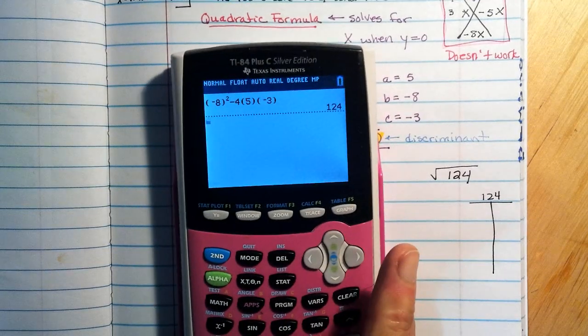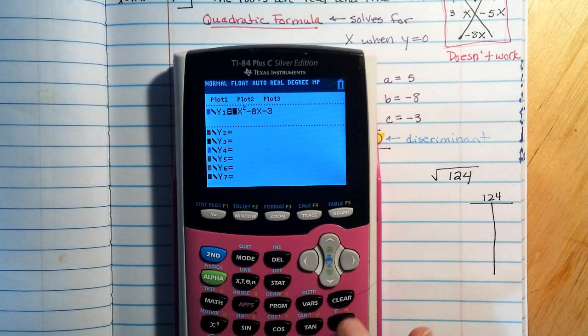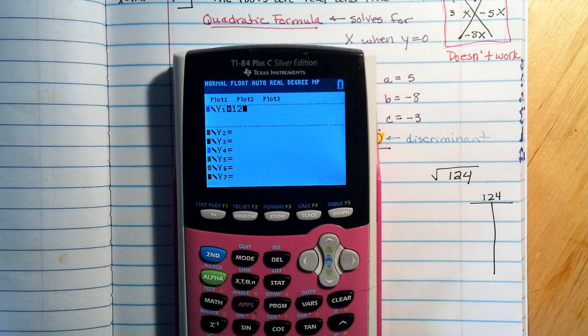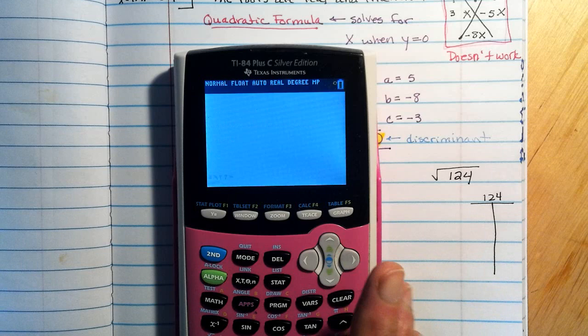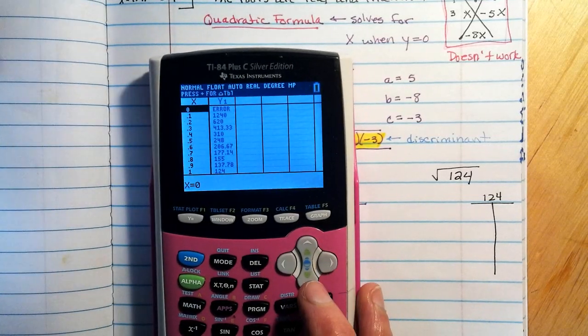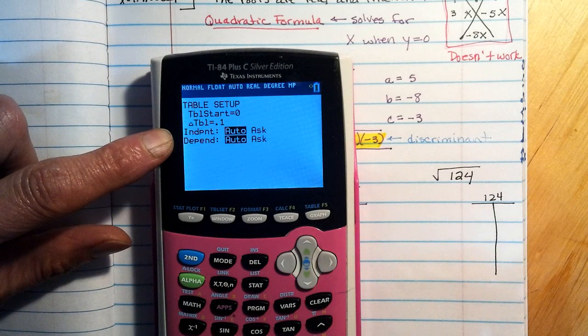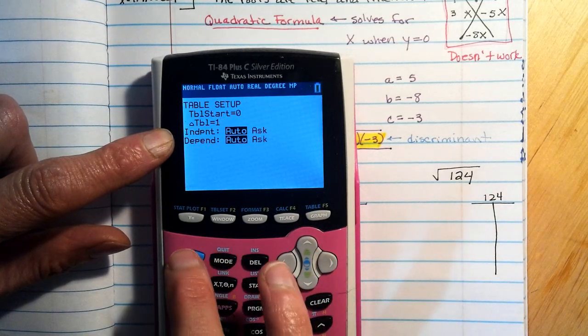You may have recalled that you can find your factors nicely by doing 124 divided by x in your calculator, and we're going to change this every 1, not every 0.1.